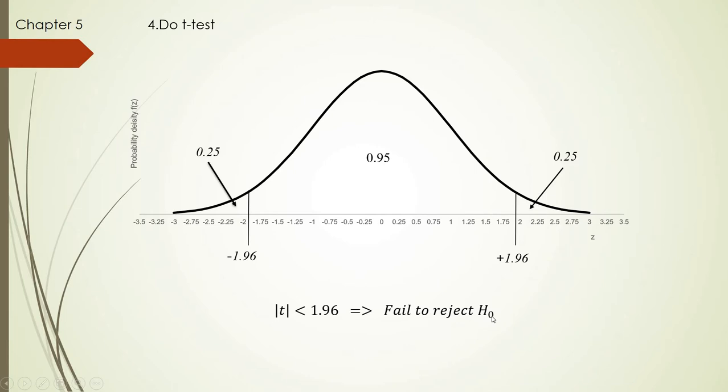We will accept the null hypothesis, saying that beta 1 in the population is really equal to 0, which means that our t statistic is somewhere in this area of accepting the null hypothesis. If t is larger than 1.96, which means it is somewhere here, or here, then we will reject the null, saying that beta 1 is statistically significant, and that the independent variable x is statistically significantly influencing our dependent variable y.